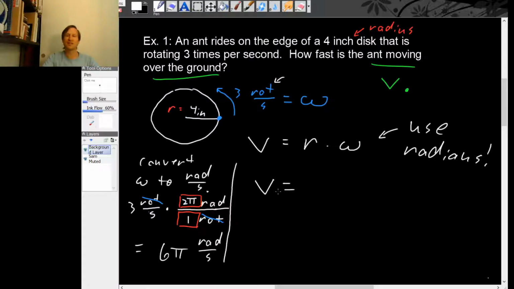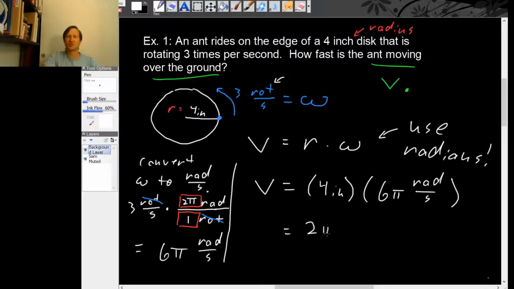So velocity, linear speed, is the radius, which is 4 inches, times omega, which is 6 pi radians per second. Now we can do this arithmetic. 4 times 6, that's 24 pi. And for the units, we have inches times radians all over seconds.